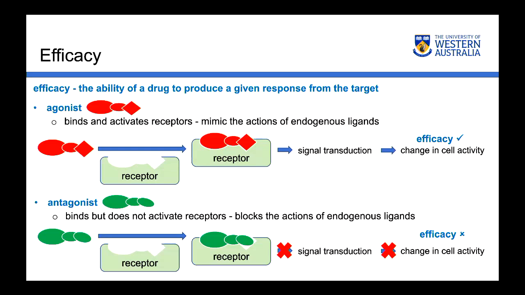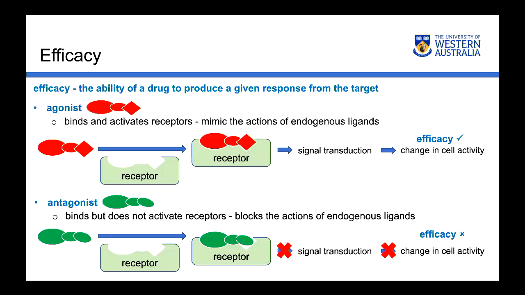On the other hand, an antagonist does not activate the receptor, and therefore it does not allow the initiation of signal transduction, and therefore you don't see a change in cell function, and therefore we say antagonists do not show efficacy at the receptor.